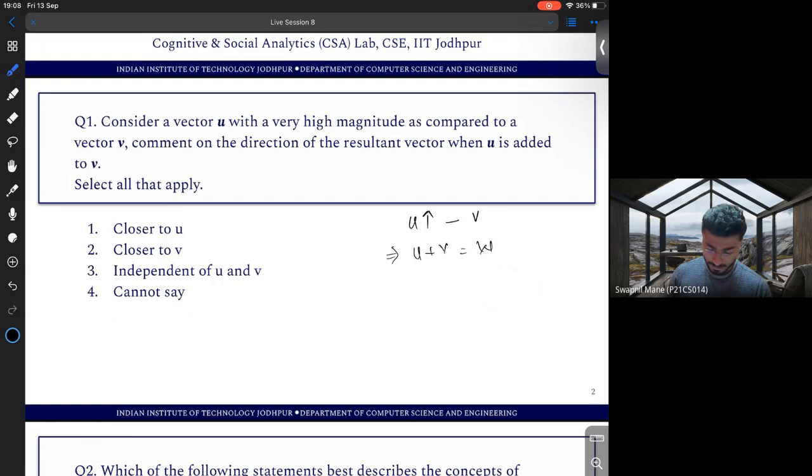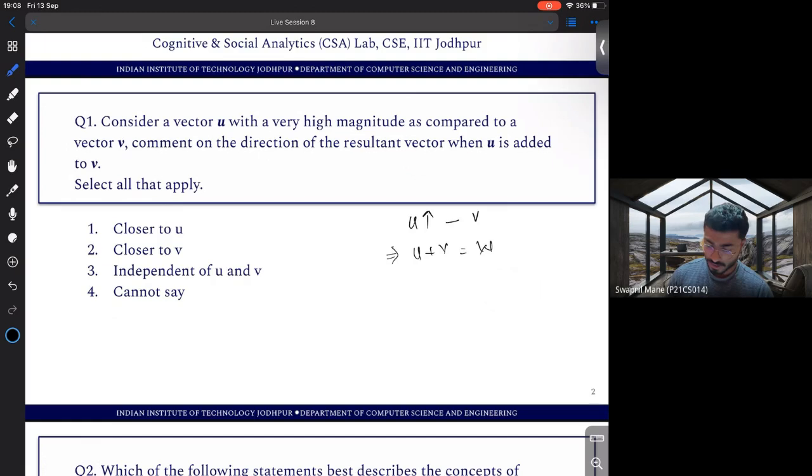Let's see the options. The first option is closer to u, the second is closer to v, and the third is independent of u and v, meaning it's not related to u and v.